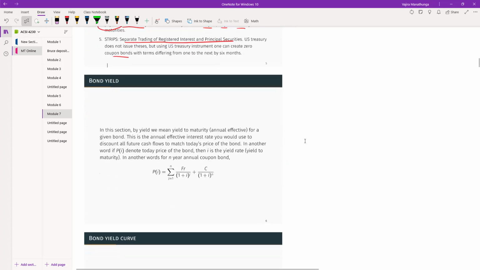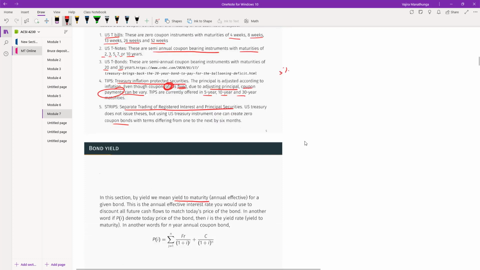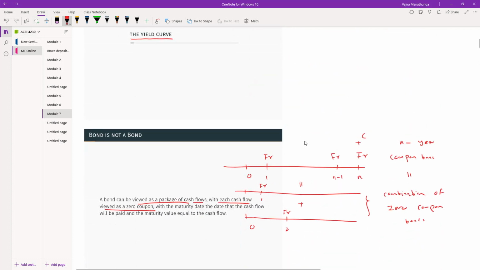Now, first let's think about the yield to maturity. Even though here we discuss a bond as a series, or combination, of zero coupon bonds, we are going to use one rate.